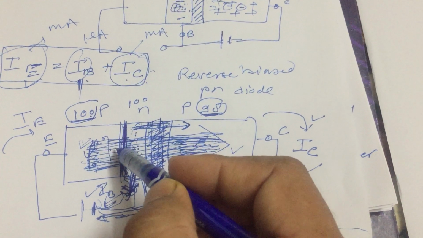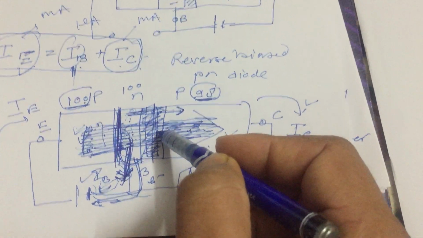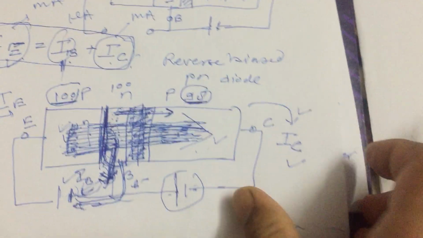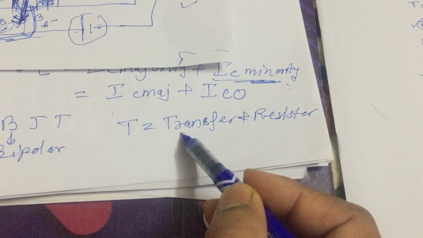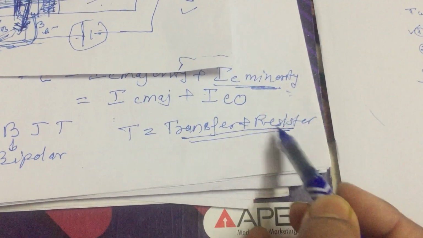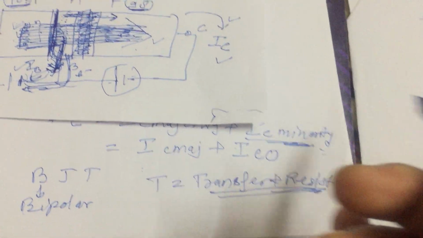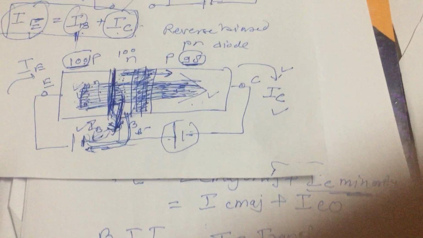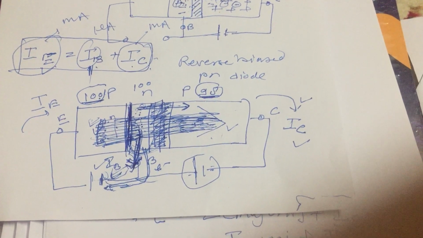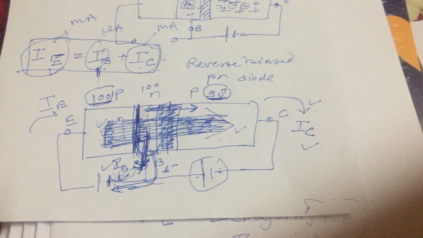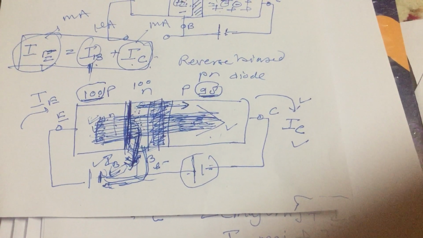So that is where the word transistor comes from: transfer resistor. That is why it is known as a transistor. If this current is very small, a milliampere current, and we do not give this operation, then this current cannot cross this high resistance.